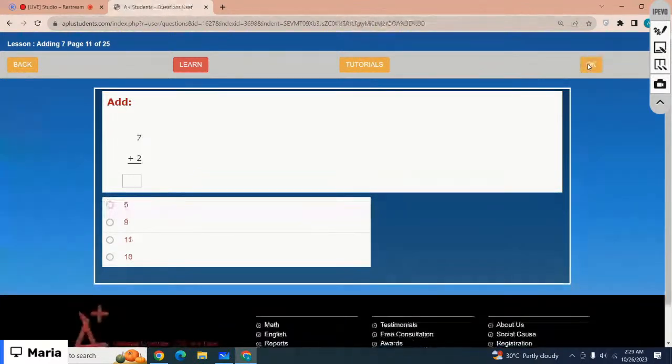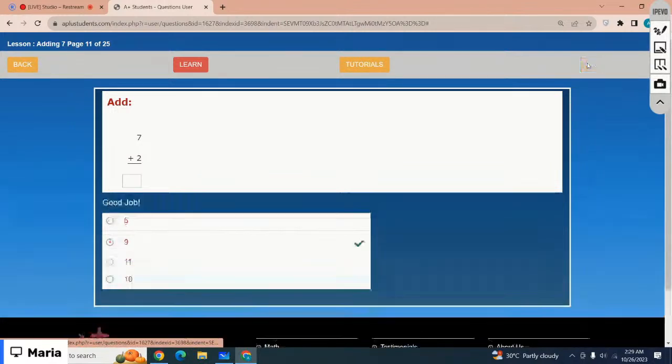Okay, the next one is 7 plus 2, which is the correct option? Very good. 7 plus 2 makes 9. So the correct option is 9.